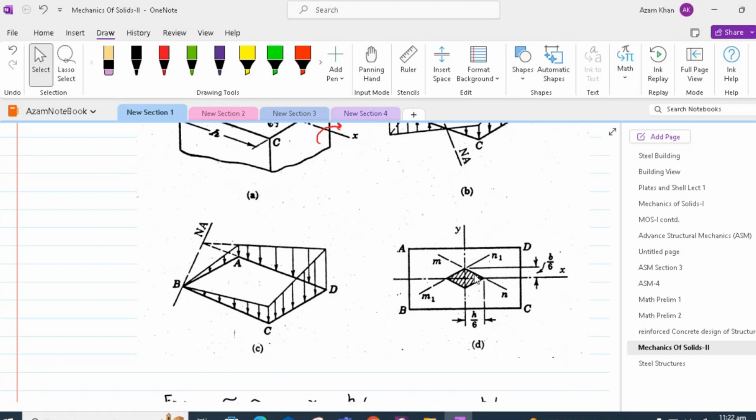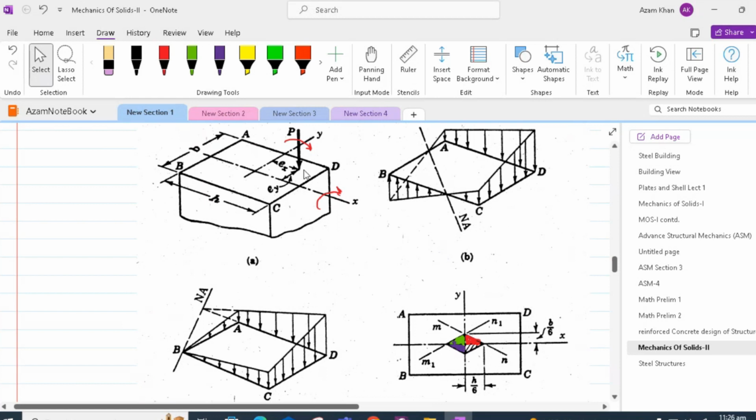Similarly, we can apply the load in the second, third, and fourth quadrant, and we will get a locus of points. And placing the load inside this region will ensure that no tensile stress is developed within the cross-section.